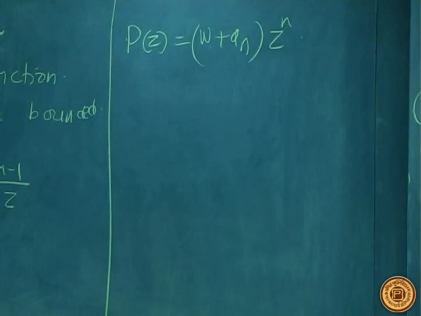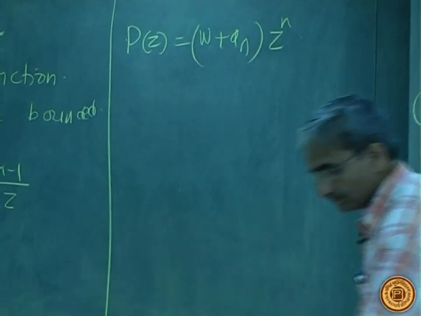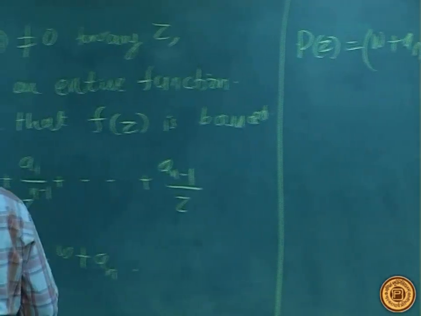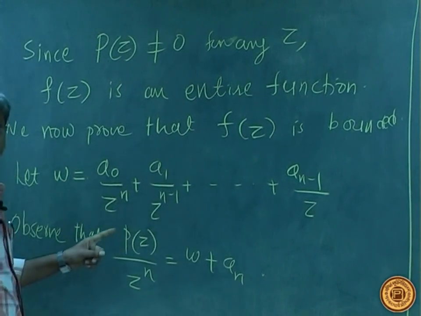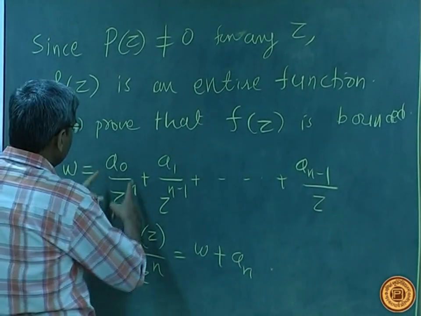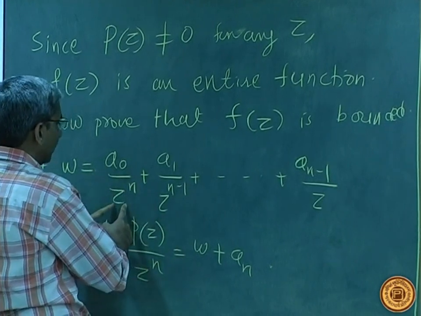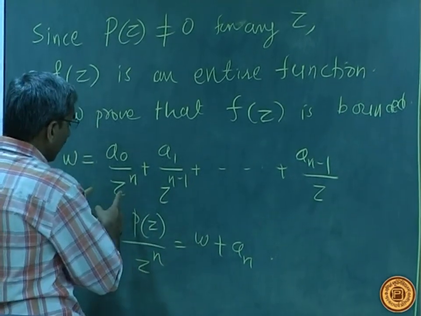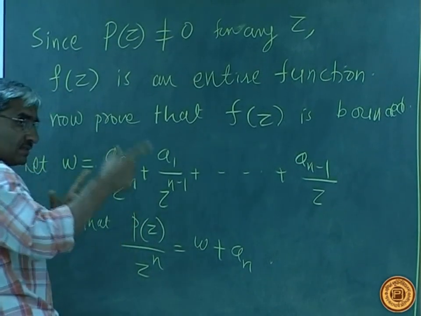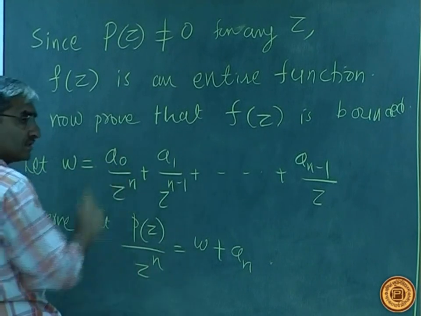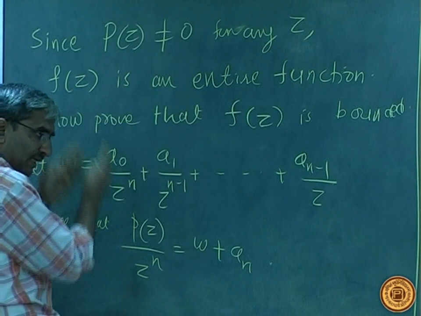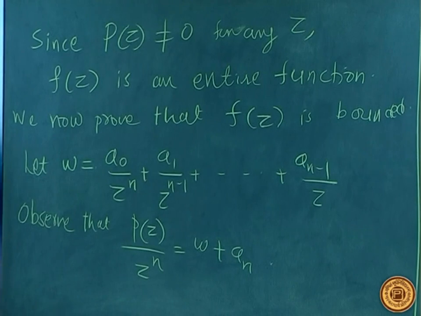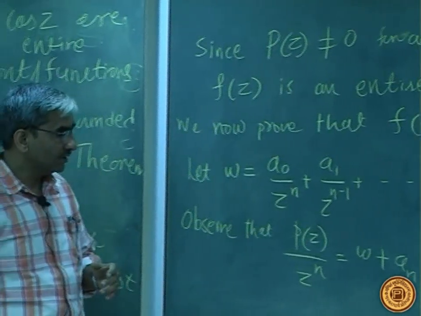Now, if you consider these terms in w, this is a naught upon z to the power n, a1 upon z to the power n minus 1. So suppose mod z is very large, then these will become small in absolute value. So the mod of this will become small if mod z becomes large. Okay.